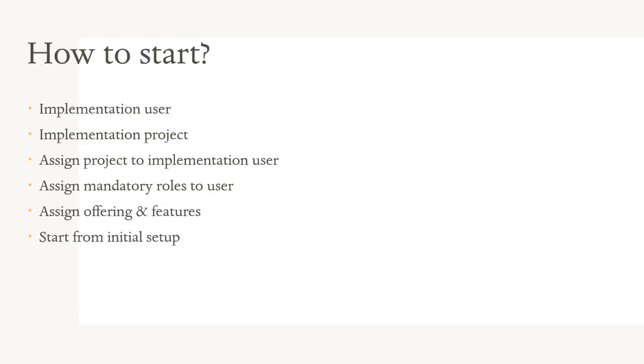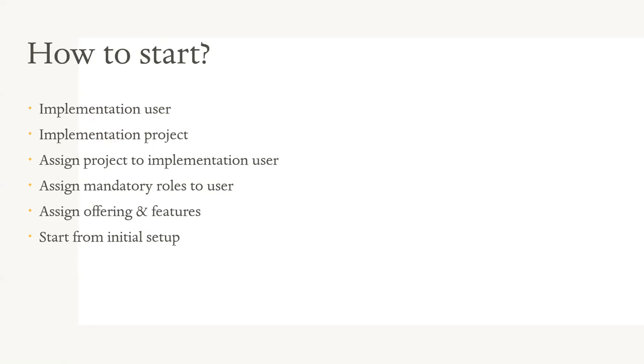So what are the minimum steps we need to create an implementation project or to start with the configuration? First, the implementation user needs to be created. Then we need to create a project. Then we assign the project to the implementation user created in the first step.